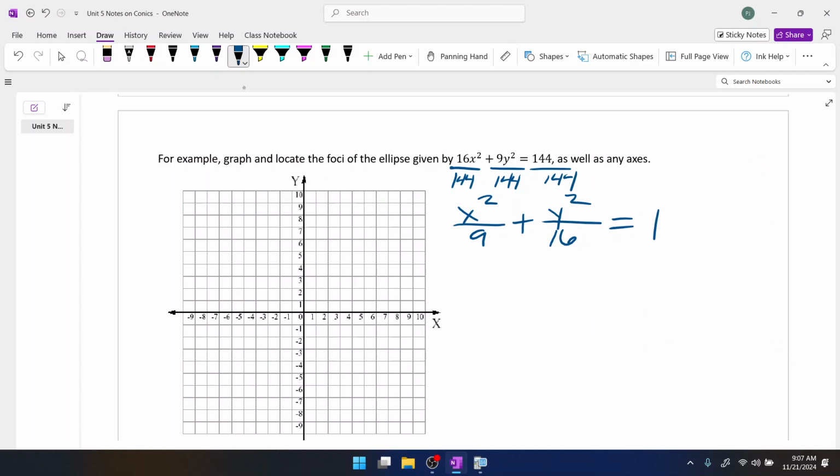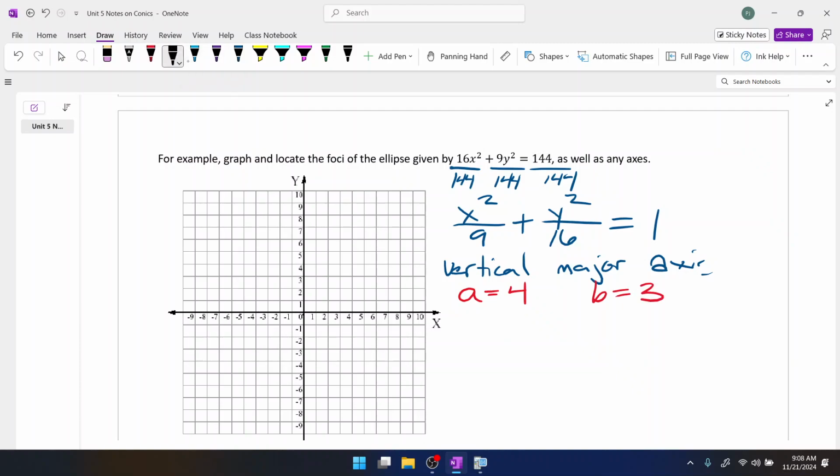So basically, is the major axis going to be on the horizontal or the vertical? It's going to be on the vertical. So you're going to have a vertical major axis here. So basically, your A value is going to be 4, and your B value is going to be 3.